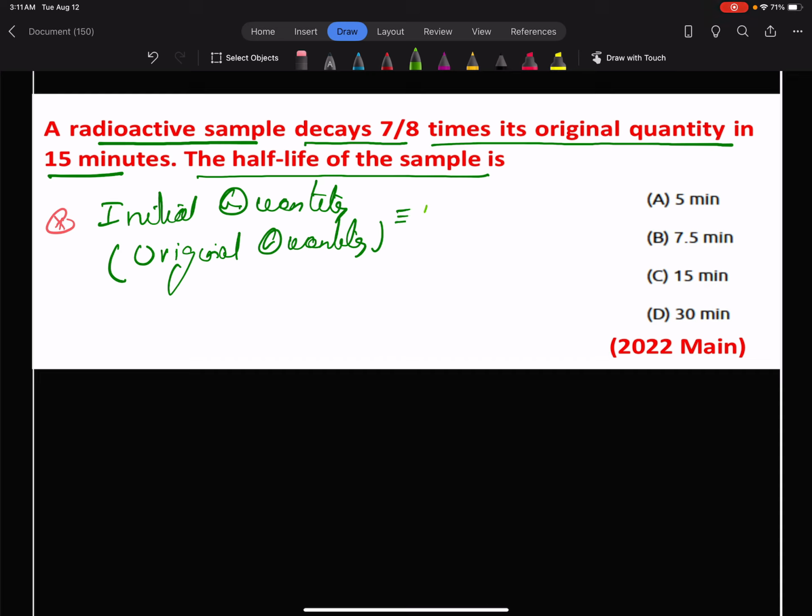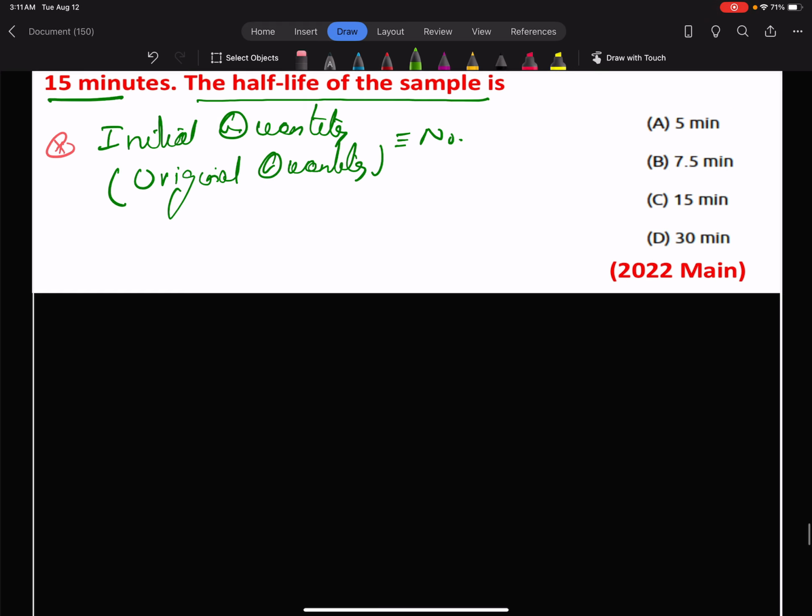Let us suppose this is our N naught, and it decays 7 upon 8 times the original quantity.